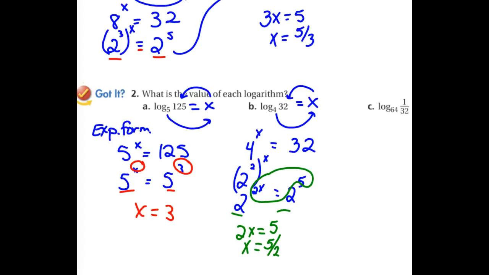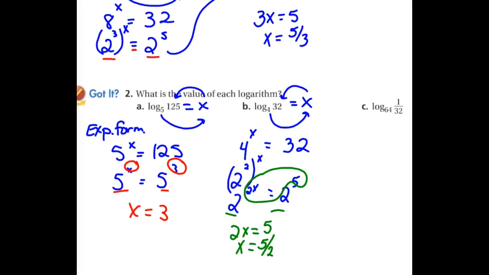All right, our next one, we have log base 64 of 1/32 equals something. So again, doing our circle, we're saying 64 to some power gives us 1/32. All right, 64 and 32. If you look at your power charts, those are both powers of 2. So 64 is the same as 2 to the 6th.